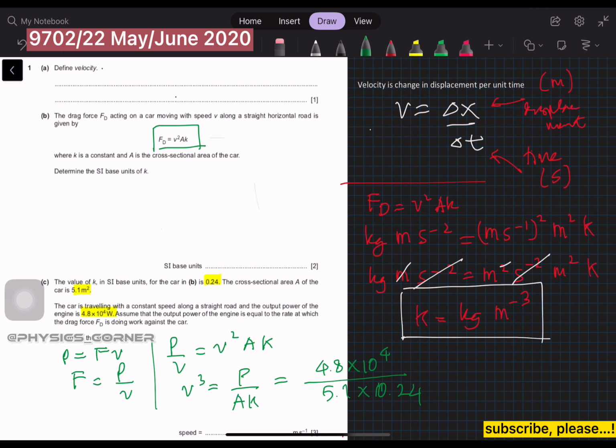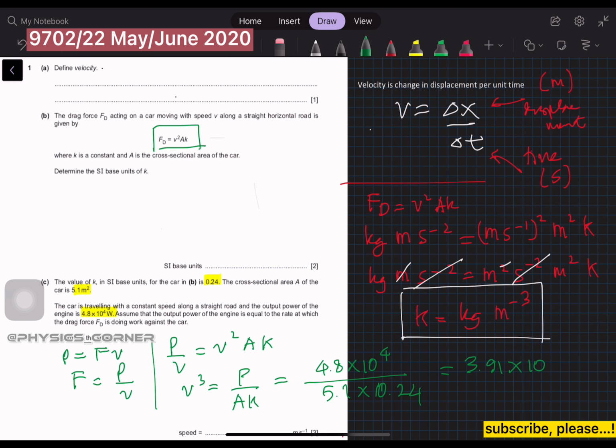Okay, I use the calculator here to find this. 4.8 divided by 5.1 divided by 0.24 is about 39.21, 3.91 times 10 to the power 4.